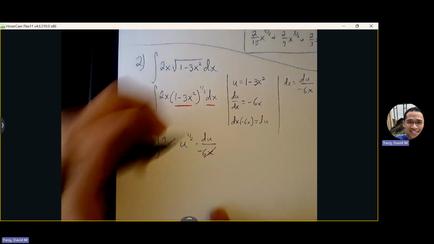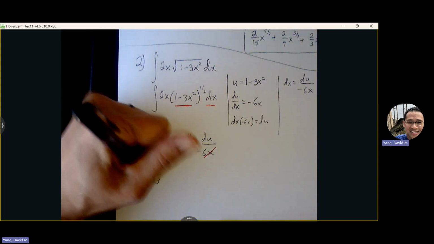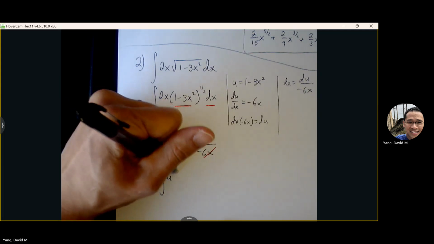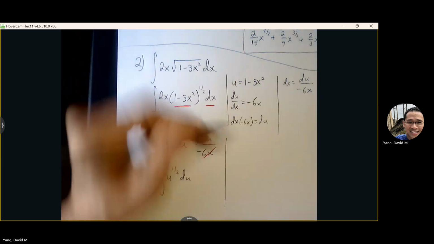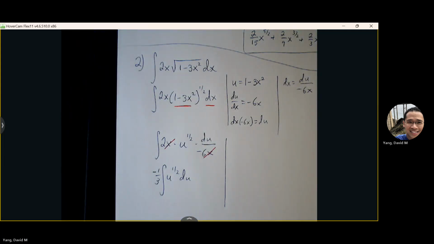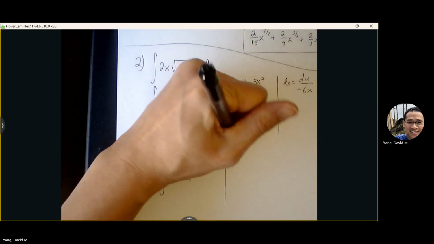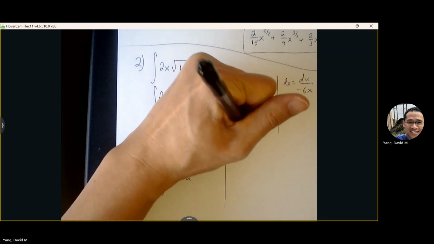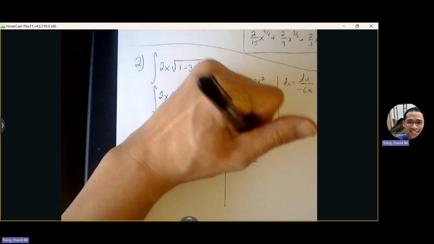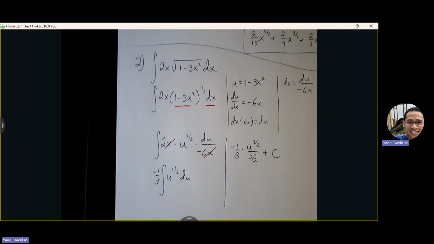So 2 over -6 is the same thing as -1/3. Apply power rule. 1/2 becomes 3/2 over 3/2.